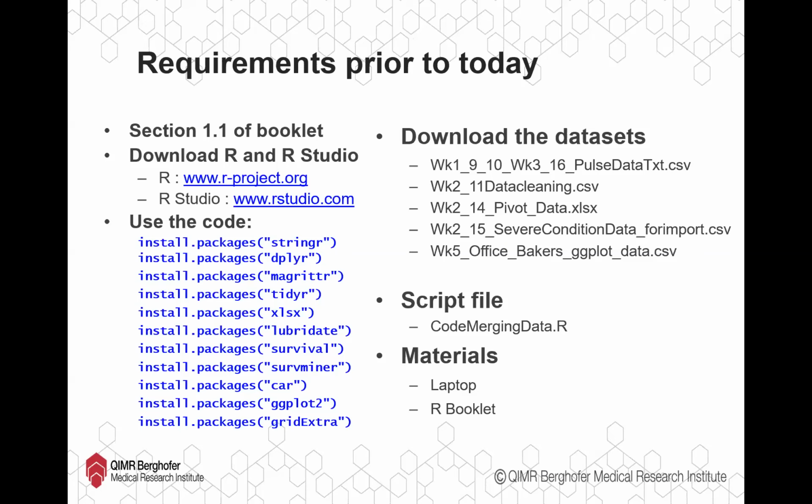It'd be good for you to have that data set if you want to work along with the video, and also to know exactly where that data set is saved on your computer.